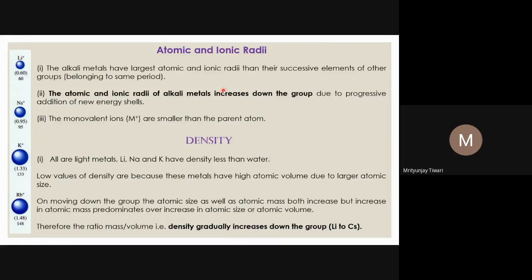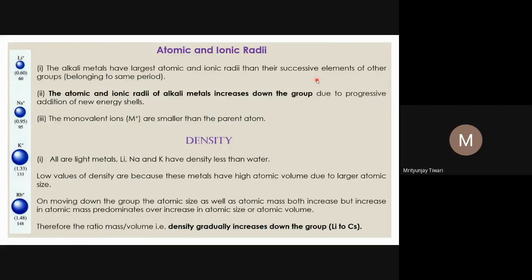So the alkali metals have the largest atomic radii in the period. It means they have larger atomic and ionic radii than the successive elements of other groups in the same period. And why is this the largest?